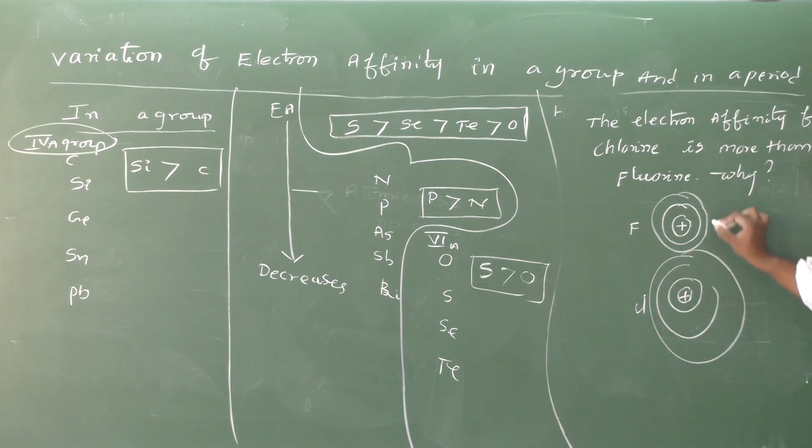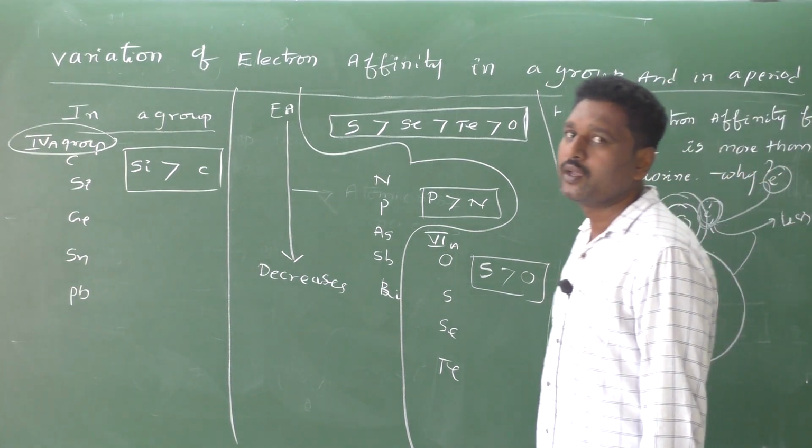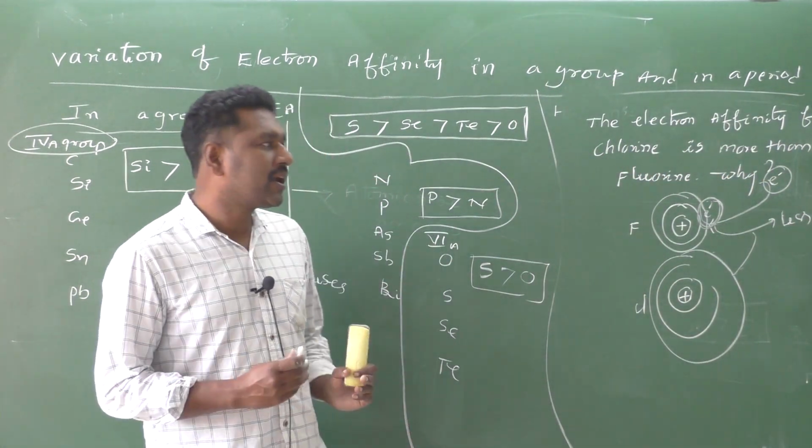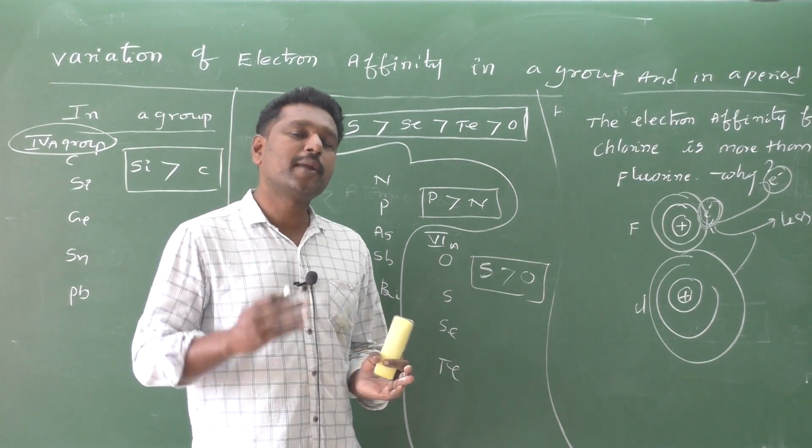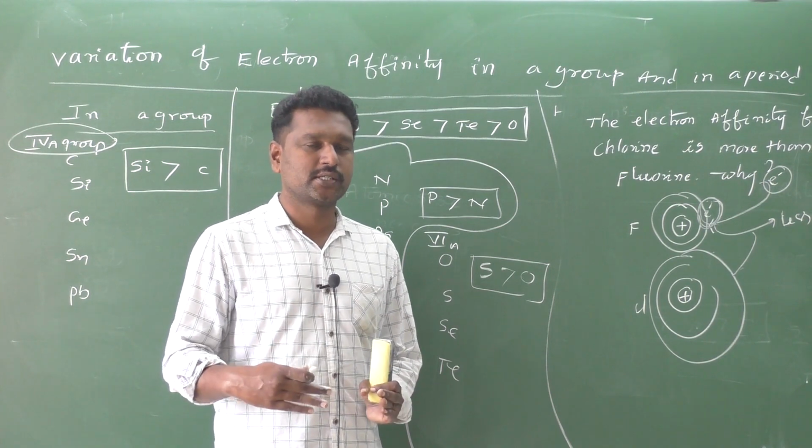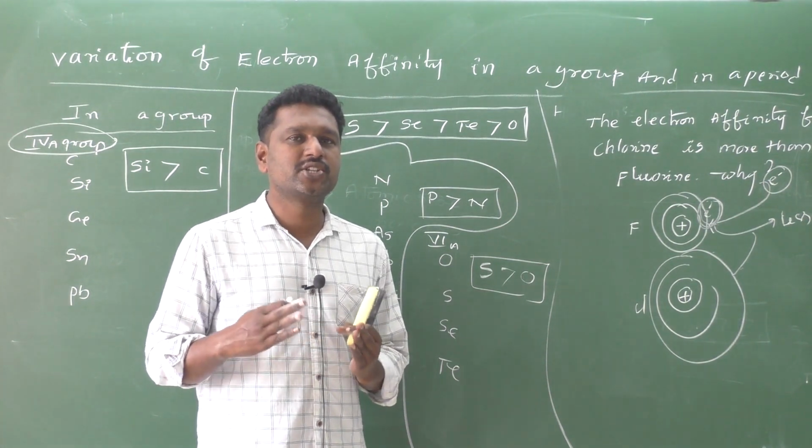When an electron is added to fluorine, repulsions take place between the already present electrons and the newly added electron. Due to these repulsions, the released energy is less.